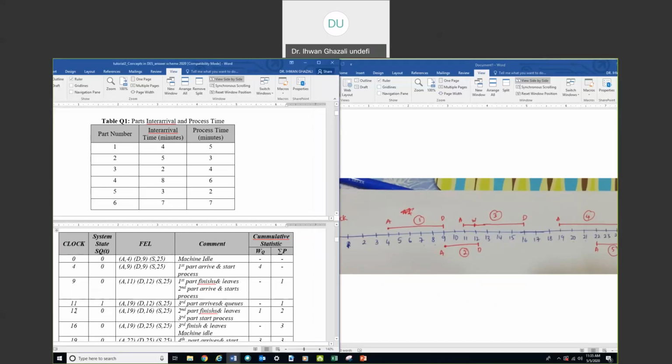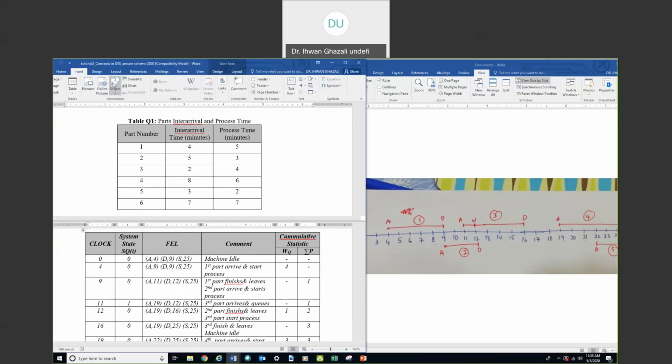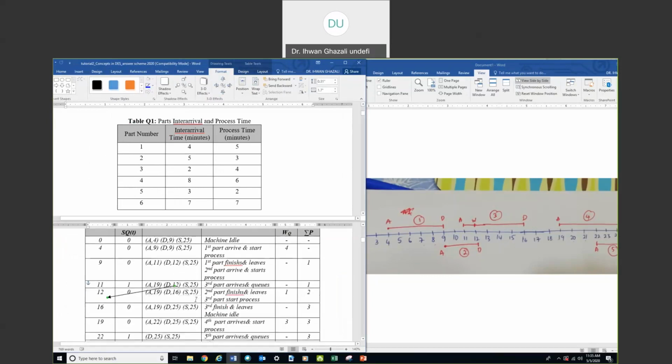Wait, why this one 12? Okay, the closest activity between 19 and 12 is 12. So you just put down this to become the present clock here, because the closest activity from this one is 19.